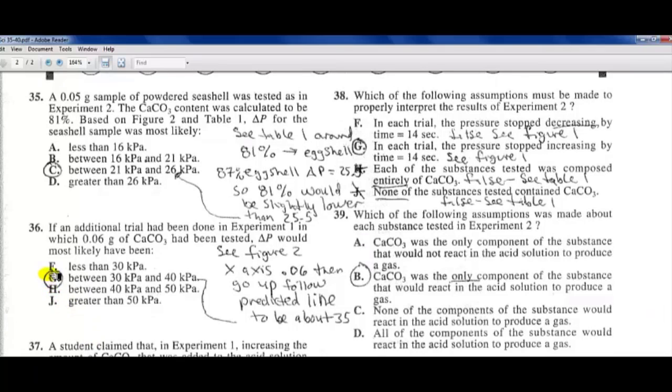The only answer that's going to work would be answer choice G, between 30 and 40. F, less than 30. 35 is between 30 and 40. F is not. H is too large, and J is definitely way too large.